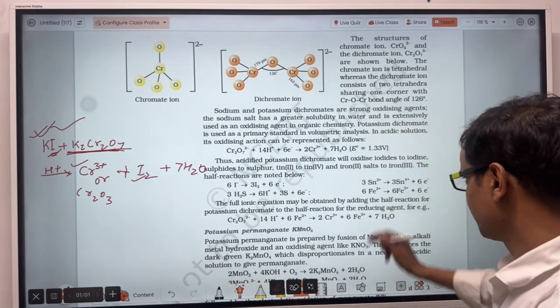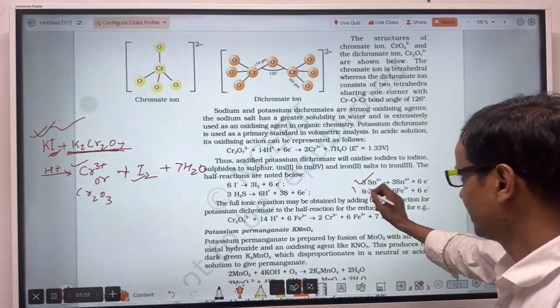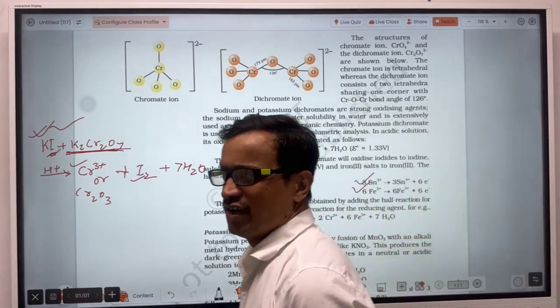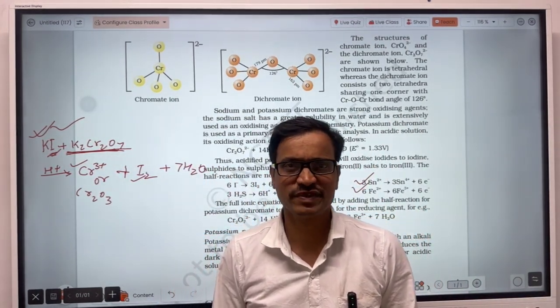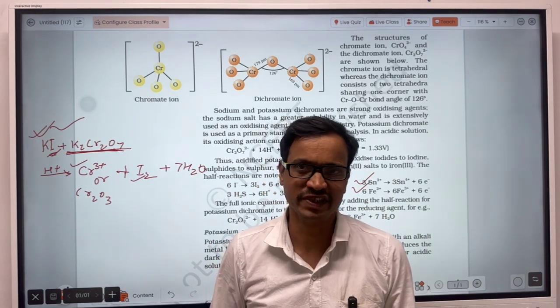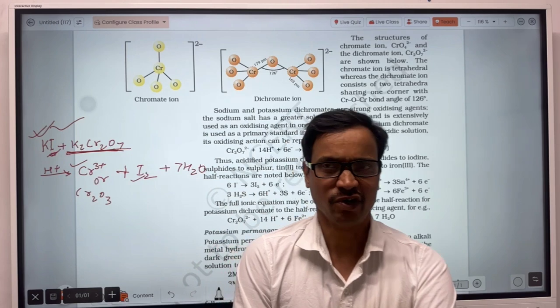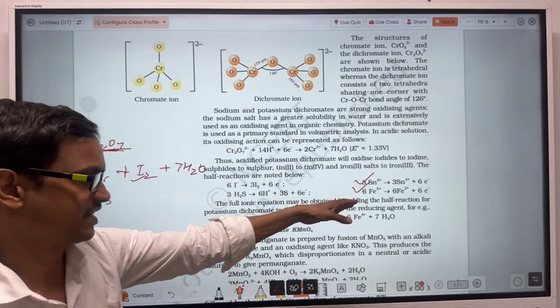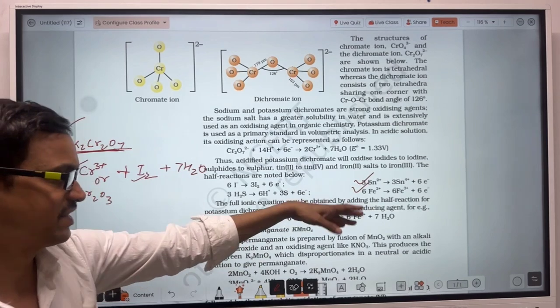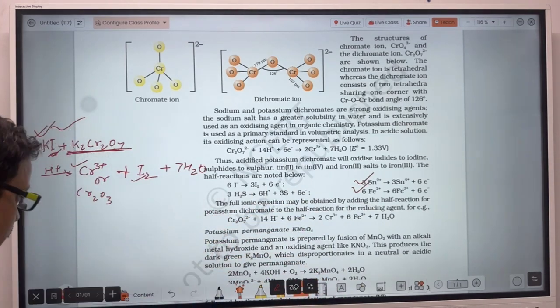Similarly, Sn2+ will oxidize into Sn4+ and Fe2+ into Fe3+. It is very easy, because potassium dichromate, sodium dichromate or any other dichromate acts as an oxidizing agent. So it will oxidize iodide to iodine, Sn2+ to Sn4+, Fe2+ to Fe3+, and H2S to sulfur.